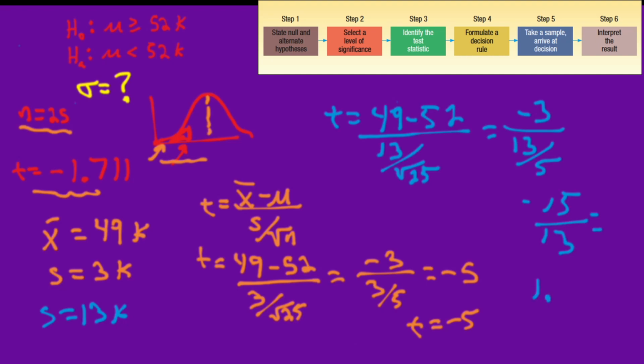That's 1.08 or something. I'm trying to do that off the top of my head. But what I can tell you is that it is less than the negative 1.711 in magnitude, and so we wouldn't reject the null. Okay, so a more realistic S probably, although again, if this is what the sample produced, that's what we would go with.